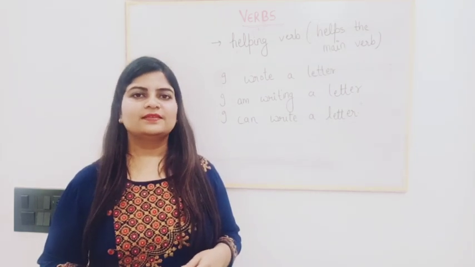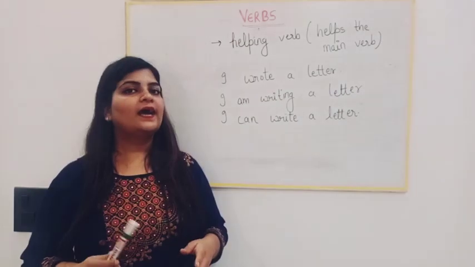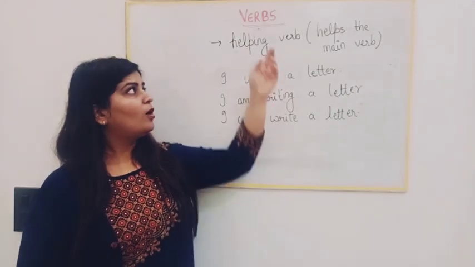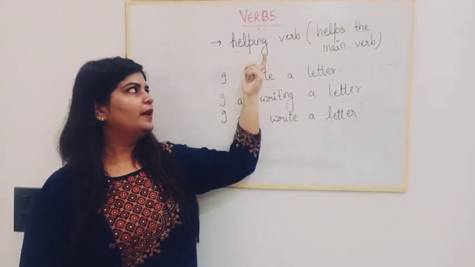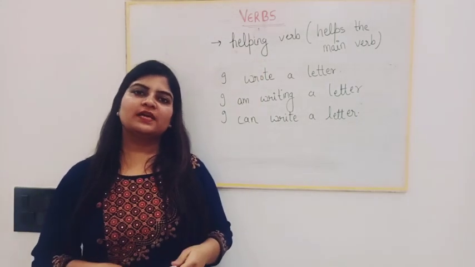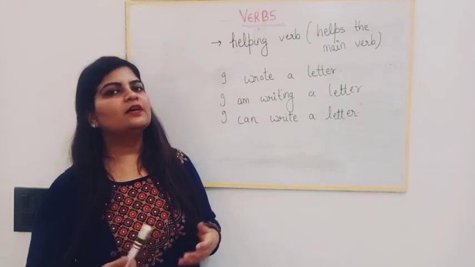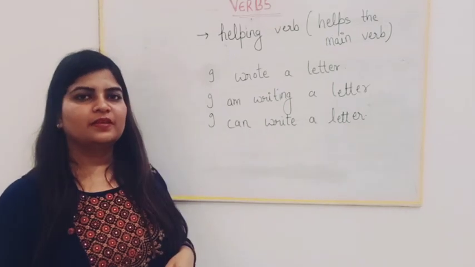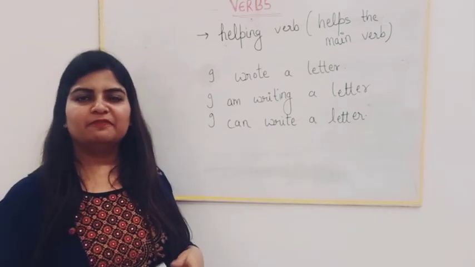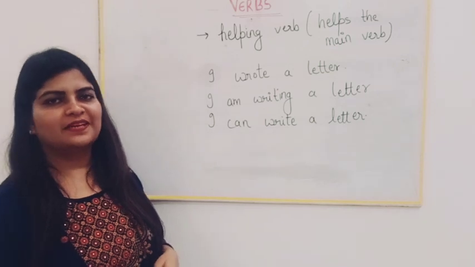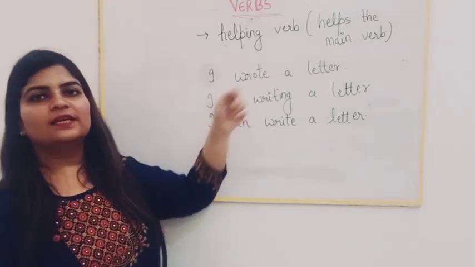Now let's start auxiliary verbs. As apparent from its name, auxiliary means helping. So auxiliary verbs are helping verbs. And what do they do? They help the main verb. The first is the same example which we have been doing since the beginning. I wrote a letter.